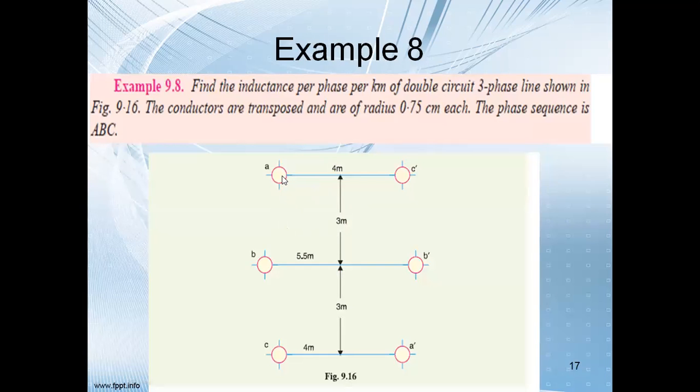This distance is AB, but it is slightly to this side. Now, what should be this distance? Here to here it is 5.5 and here to here it is 4. So this will be 1.5 by 2, 1.5 by 2, and this distance is 3. So you can calculate that hypotenuse.